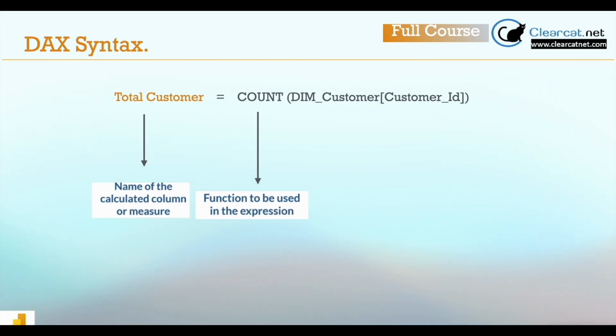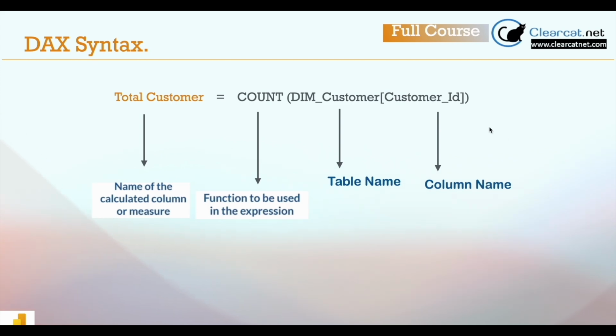Then DimCustomer is our table name in which we have a column CustomerID, and we are going to count this CustomerID to get the total customers. So this is the syntax we use in DAX.